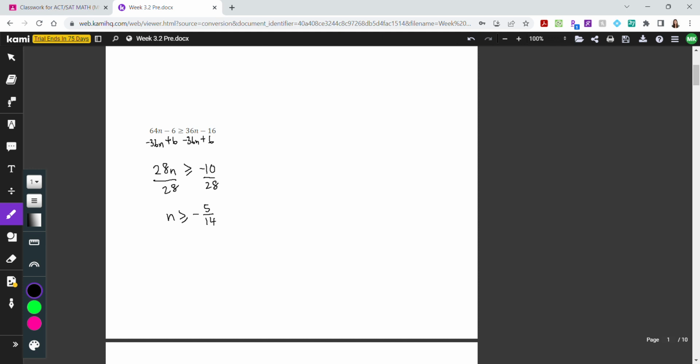We'll actually see in a few questions down the line where we do have to consider the sign because we are multiplying or dividing by a negative number. All right, so now let's continue and draw our number line. Bear with me again as I draw this beautiful straight number line.